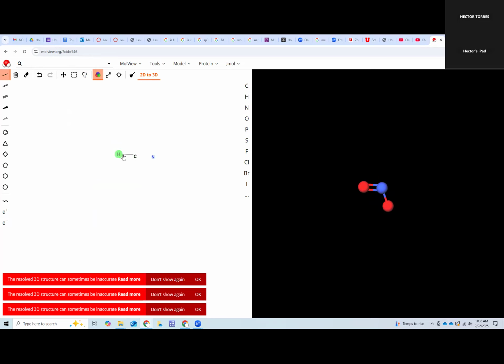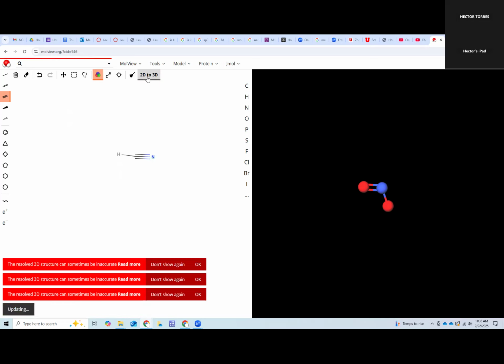Okay, and I'm going to make a bond between the carbon and the hydrogen. And I'm going to make a triple bond between the carbon and the nitrogen. And I'm going to make that into a 3D form. And as you can see here, it is linear, just like we drew it on our paper. And no matter how we rotate it, it always looks linear. It's just one single line. Okay. And that's going to be it for our hydrogen cyanide.